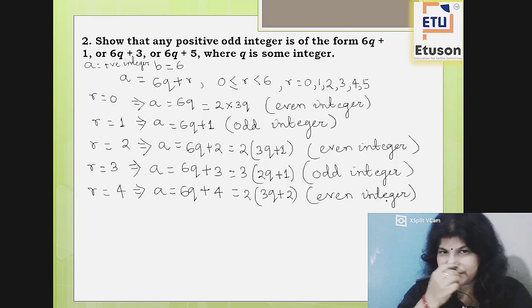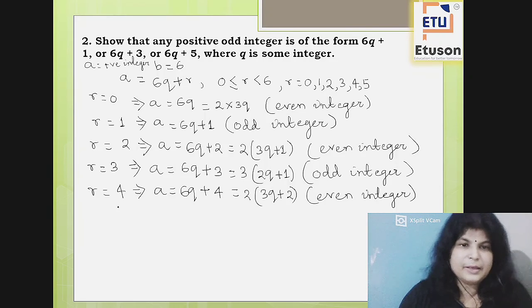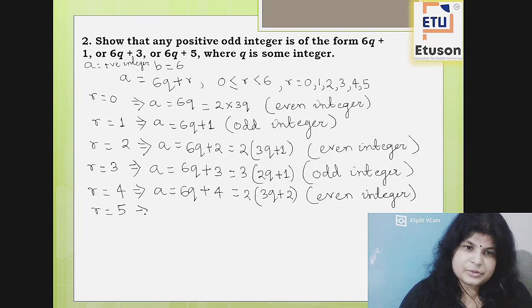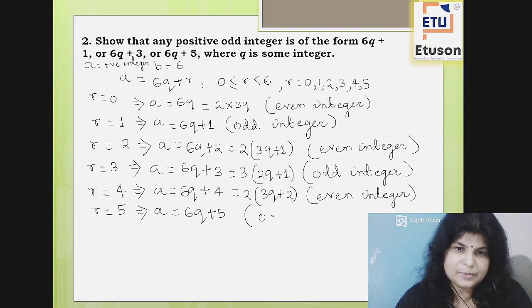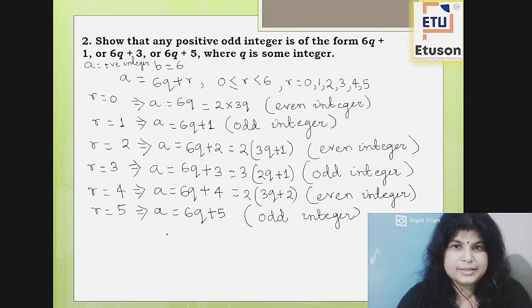Correct. Now you take r is equal to 5. So a is equal to 6q plus 5, which is not an even integer, so it will be an odd integer. Correct or not?